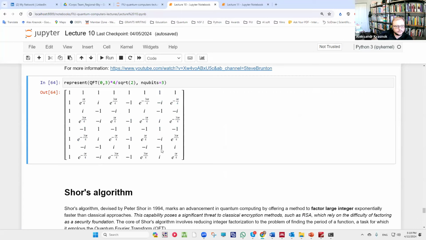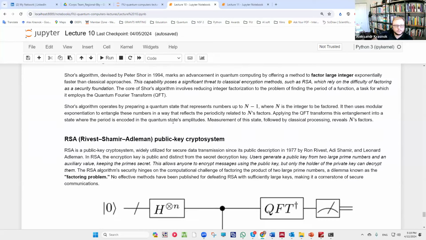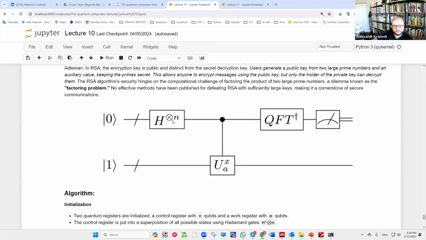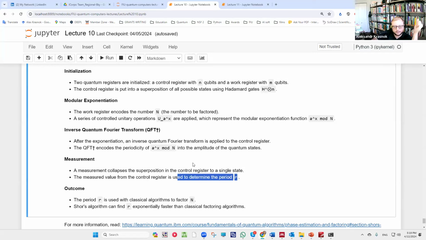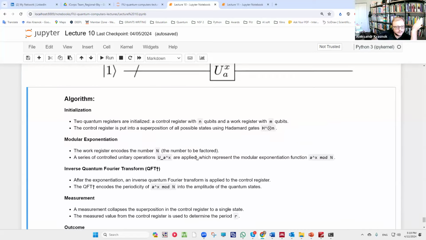And if you look at this table, you will notice some periodicity here. Like it starts from 1, then comes -1, then 1 again, and so on. So there's a period. So if you find a period like that, then you can apply the classical algorithm that allows to find the product of two numbers, provided that you know the period. Okay, so yeah, this is how it works.